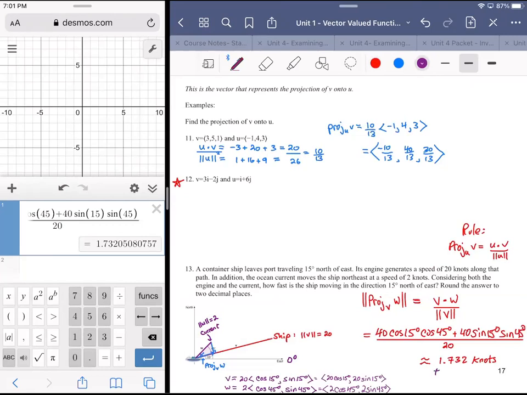So if we add that on to 20, and round to the nearest 2 decimal places, we're saying approximately 21.73 knots. All right. So it gives it a little bit more context, but it doesn't seem like it's easier to do, but it's actually pretty straightforward.